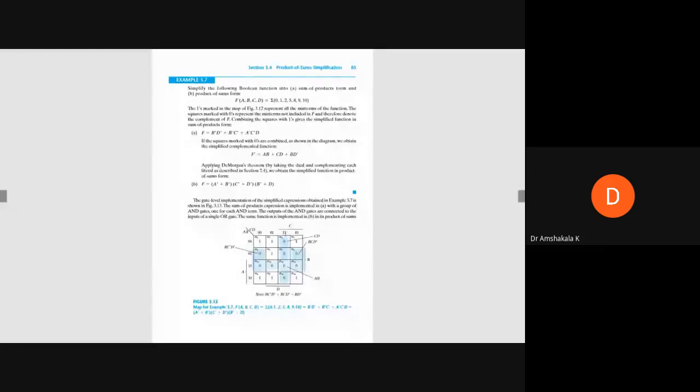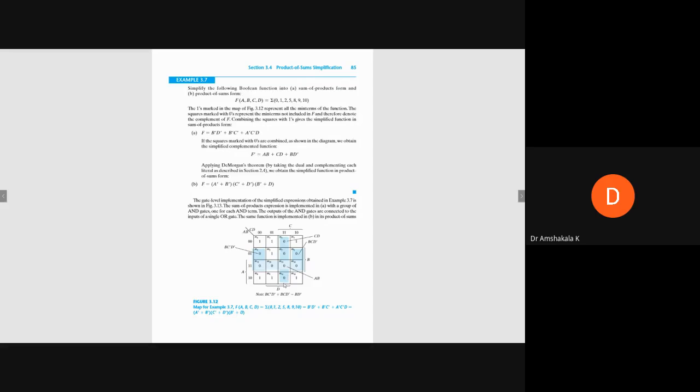For now, you note down this. So in product of sum simplification, it's grouping the zeros and writing the sum terms. While writing the sum terms, whenever the literal takes value 1, you will write it in its complement form. Whenever that literal takes value 0, you will write it in actual form. So this is one possible grouping.